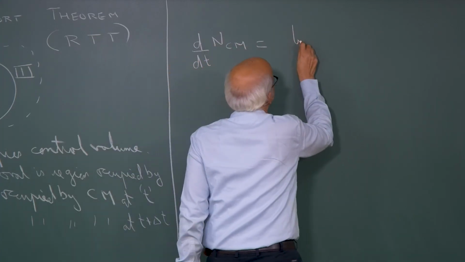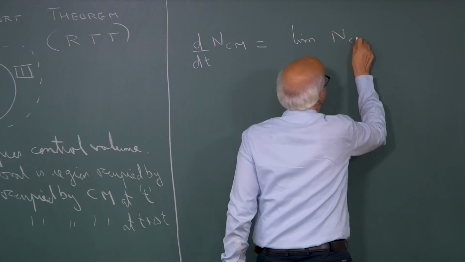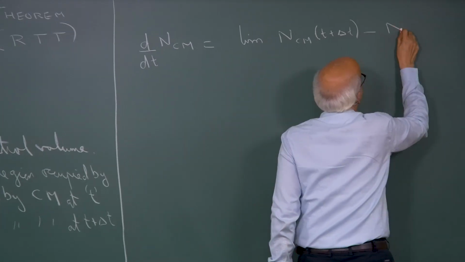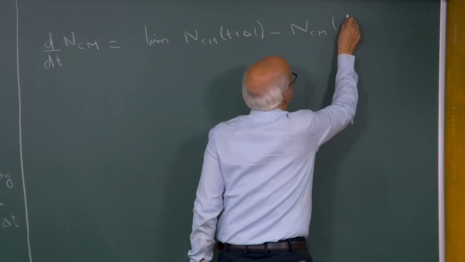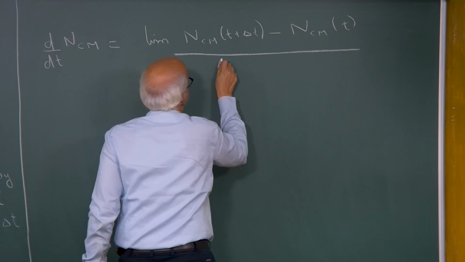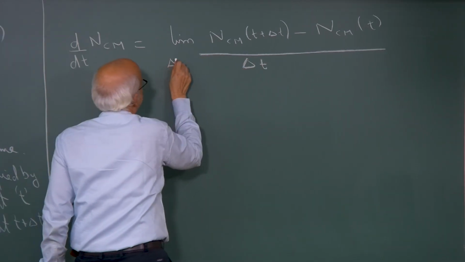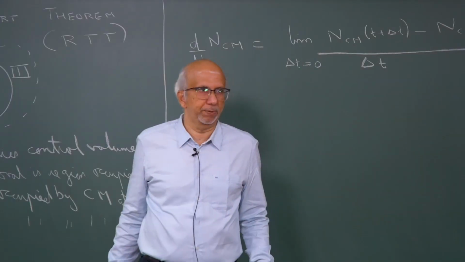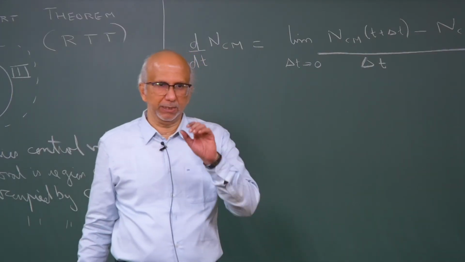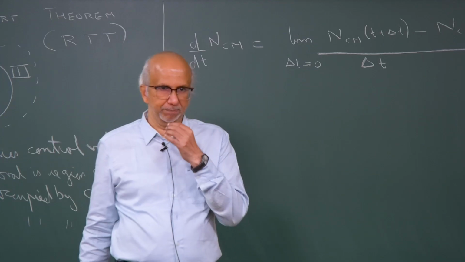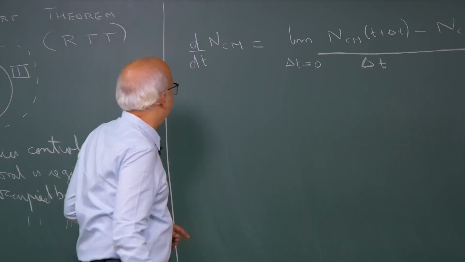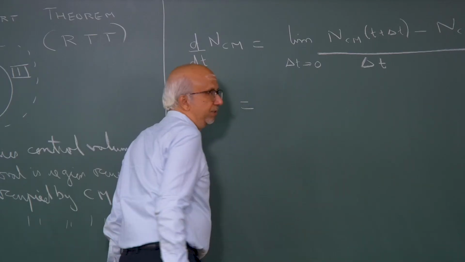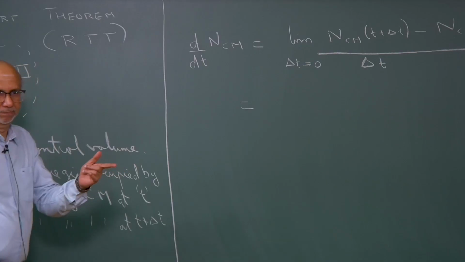This is limit of the property in the control mass at t plus delta t minus N_CM of t divided by delta t in the limit delta t tending to 0. This is the rate of change of property in the control mass, okay. And remember, control mass is occupying at time t plus delta t the regions 2 and 3. Okay.